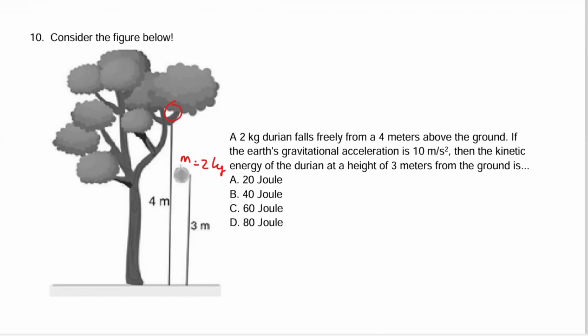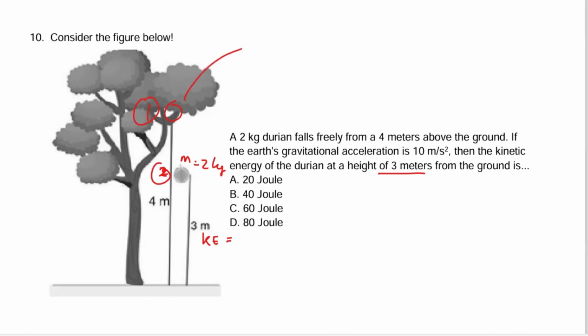And if the Earth's gravitational acceleration is given as 10 meters per second squared, then the kinetic energy of the durian at a height of 3 meters from the ground is? So what is the kinetic energy at this position? So I will name these as two different positions. This is position 1, and this is position 2 when the durian is 3 meters above the ground.